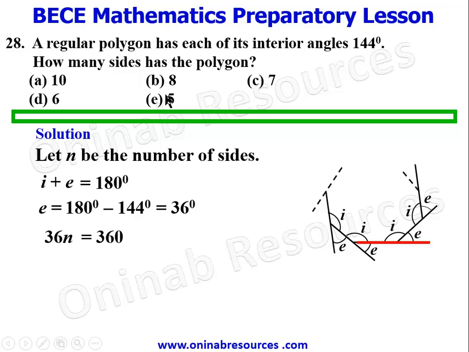Since the polygon is regular, all the sides are equal, all the angles are equal, so that n will be equal to 10. And that's option A, which brought the solution to problem 28 to an end.